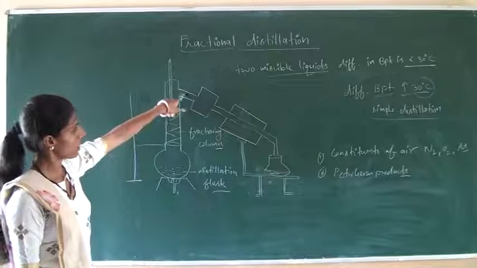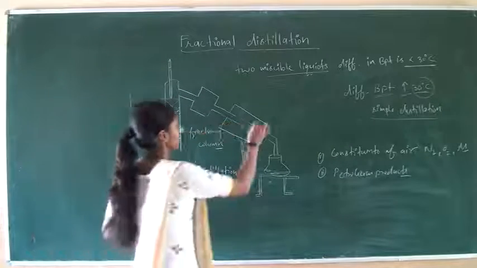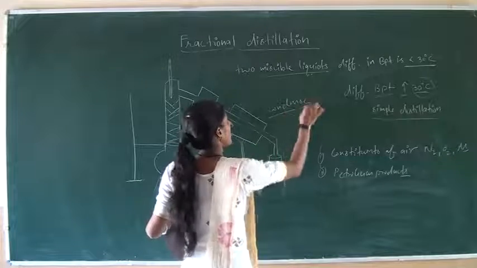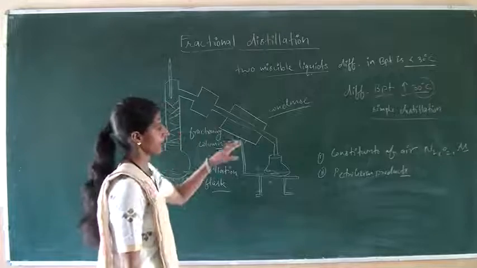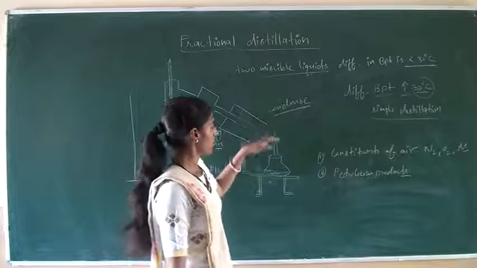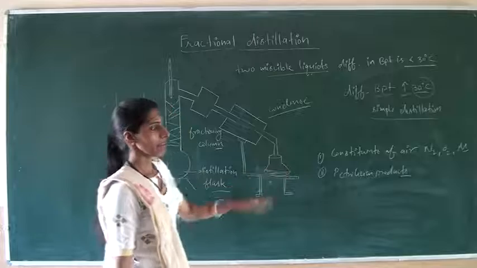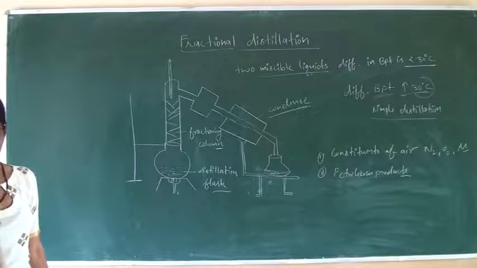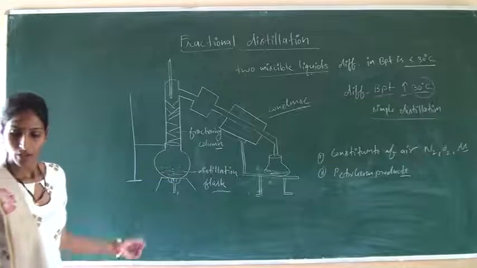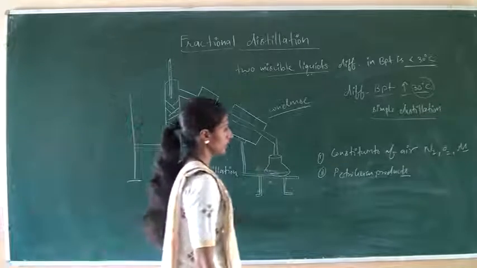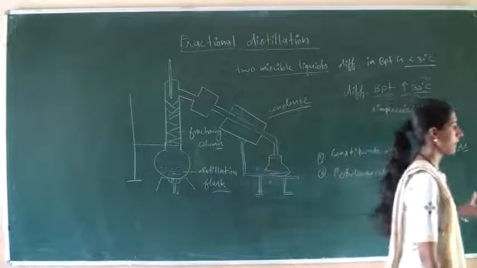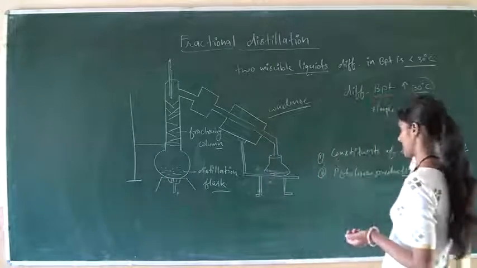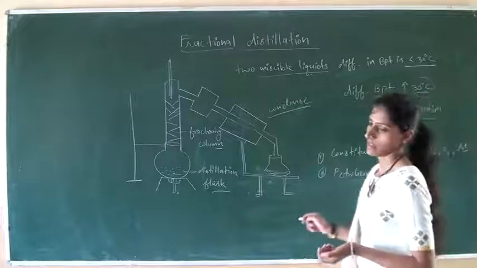After passing through this column, they pass through the condenser and condense into liquid form, and are collected in another receiver. This is our fractional distillation method. This process is used to separate two miscible liquids, that is, we get petroleum products, etc.